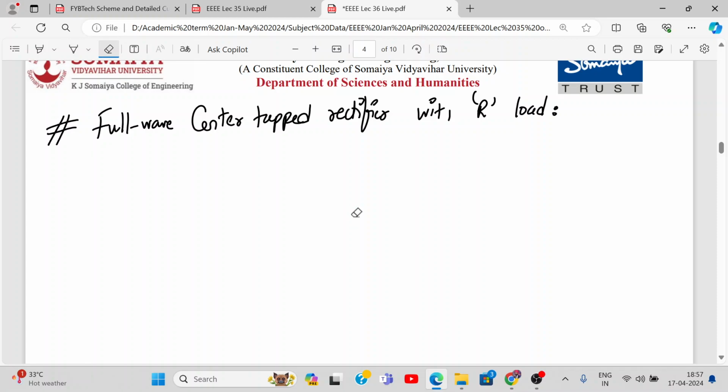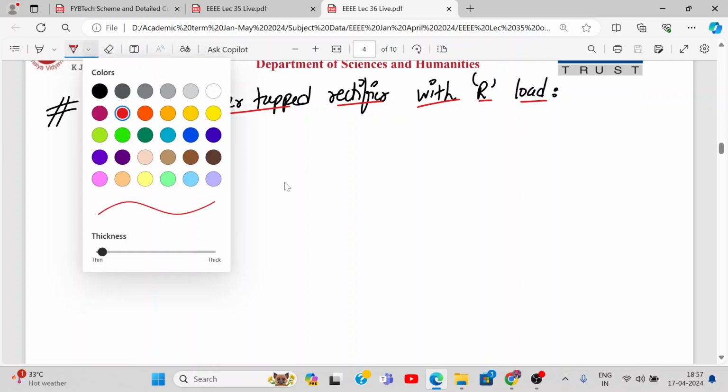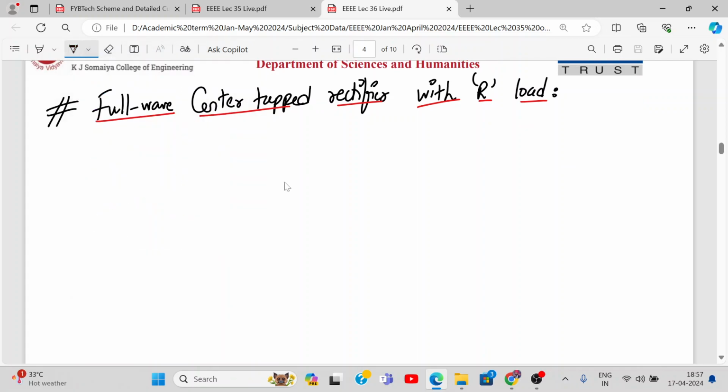Whatever we may cover till 7:30, we will cover it, or else the left out part will be covered in tomorrow's class. Full wave center tap rectifier with resistive load. First of all, let me start with the circuit diagram, the same sequence: circuit diagram, working, input output waveforms, and the analysis.